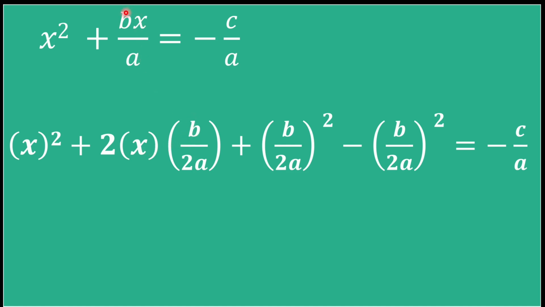We have b divided by a over here, but we have written this 2, so to counter it we will divide by 2, so this 2 will counter this, and then this whole will become bx divided by a, the same. So we can write this bx over a like this, or you can say that we multiplied and divided by 2. So this is 2ab plus b squared.